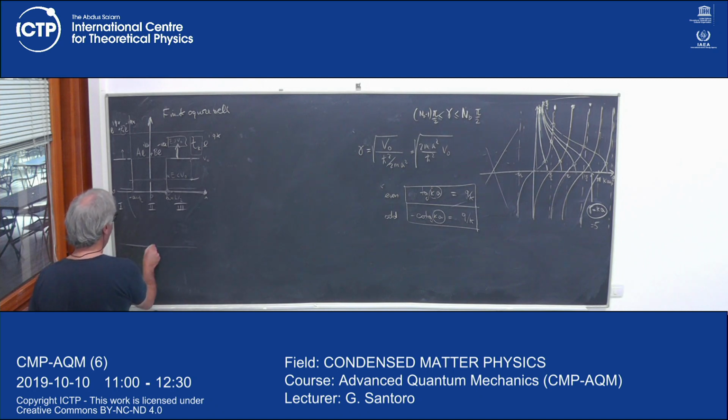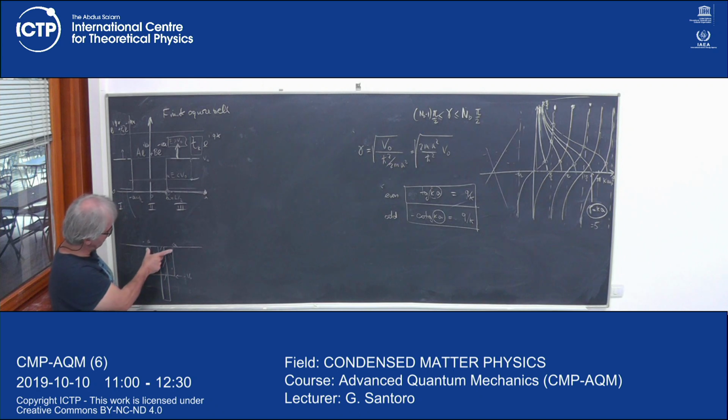Suppose that I have a well, okay, between minus a and a, and some, say, depth minus V0, and I make it smaller and smaller, but by making it deeper and deeper, in such a way that the area of the corresponding rectangles is the same. Okay?